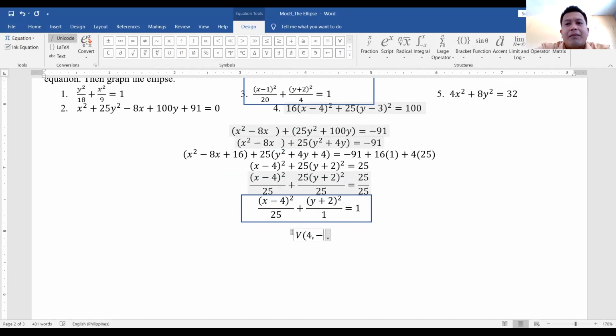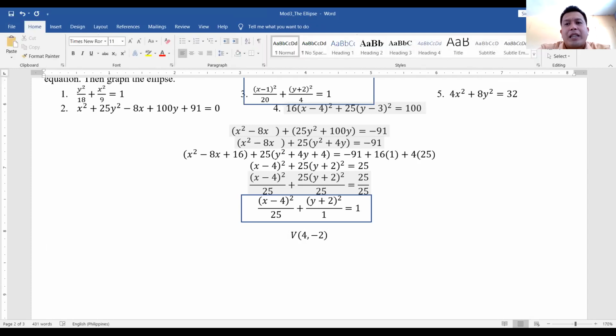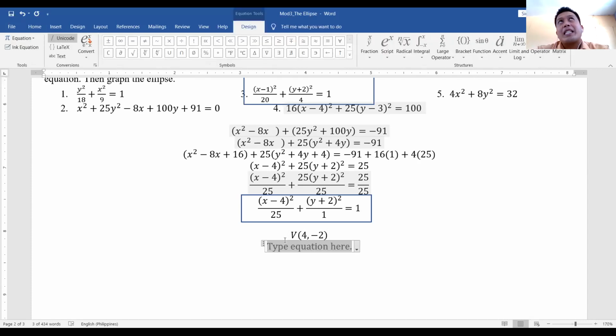Where do you think the graph is located? Is it a horizontal ellipse or a vertical ellipse? From the illustration here, class, 25 is bigger than 1. Therefore, this is your A, and your A is the denominator of x. Therefore, it is a horizontal ellipse. Horizontal ellipse means that the A is located on the x-axis.